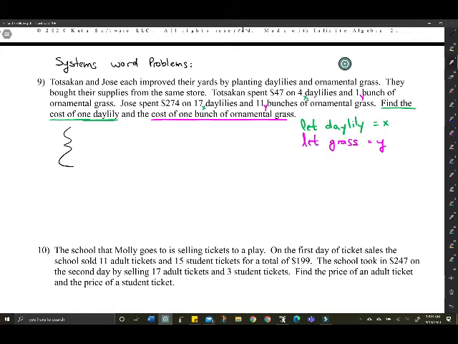So I know that 4x plus 1y equaled Tosakan's total of 47. In the second equation, I know that 17x plus 11y equaled Jose's total.